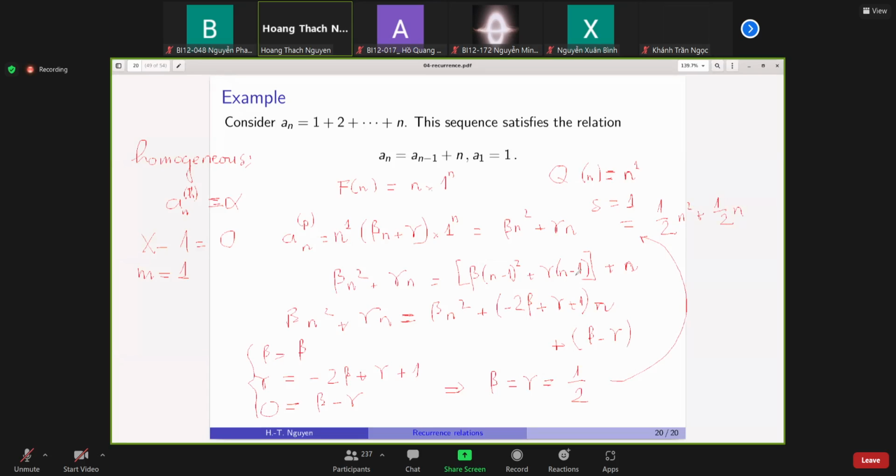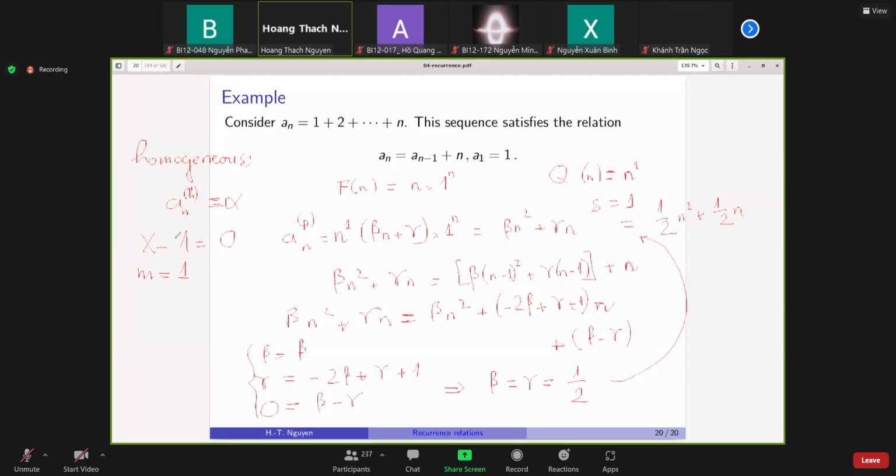First we have to determine what is q. Here q is n to the power 1, s is equal to 1. The characteristic equation of the associated homogeneous equation is this one, x minus 1 is equal to 0.